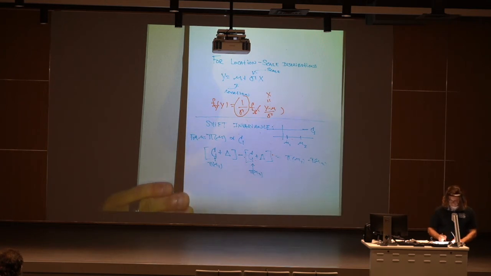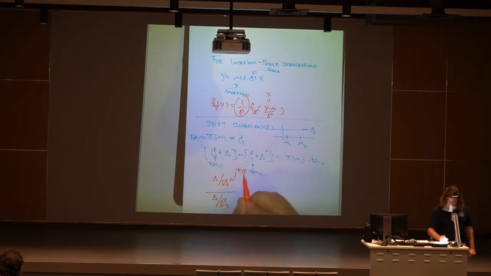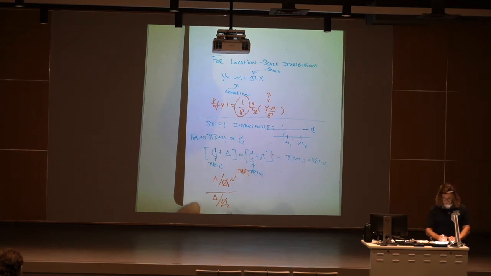For scale invariance, we might do something like this. 1 over, I'll do this as phi. So this is our prior for phi. I'm going to evaluate this at a point, and I'm going to compare it to another point on this same thing. So this right here is just pi(phi1), here 1 over phi1. This is 1 over phi2, or pi(phi2).